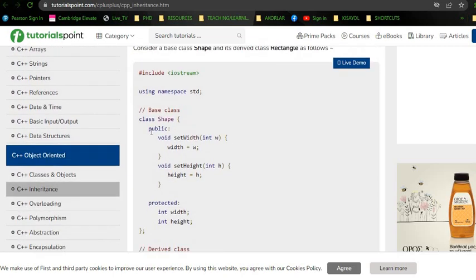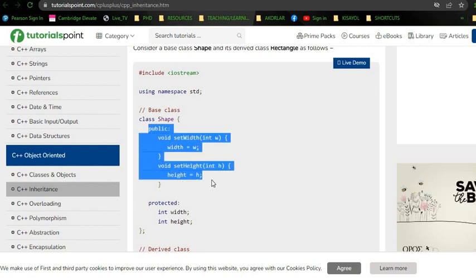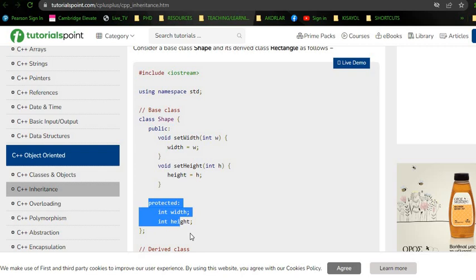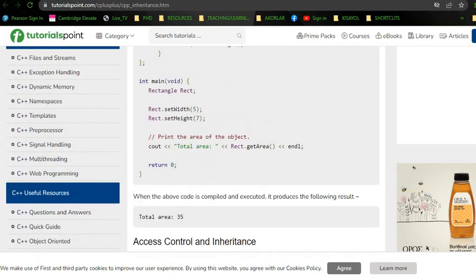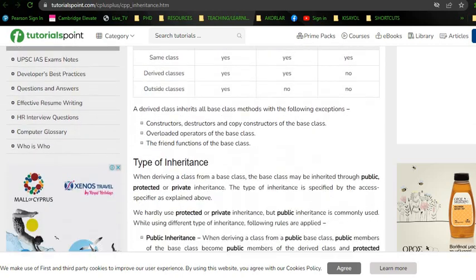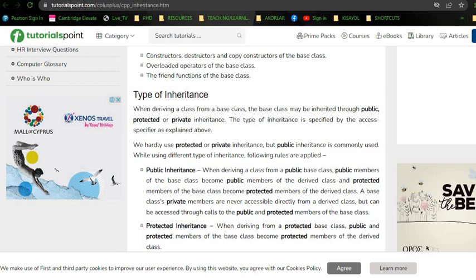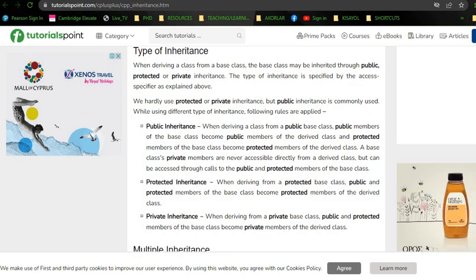It means if a member is public, it is public for the derived class. If it is protected, it is protected. If we have any private, it is private. So it is very clear and simple to use it like that.